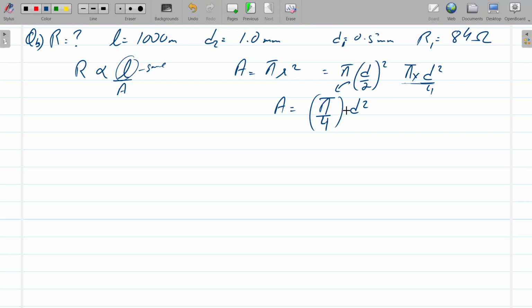This just wrote it a different way. Why are they writing it a different way? Whether it's d1 or d2, it's the same thing. Pi over 4 is the same. When it's the same, it's not going to affect our calculations. And so we can sort of say, okay, fine, we don't need you. We're just going to work with this.